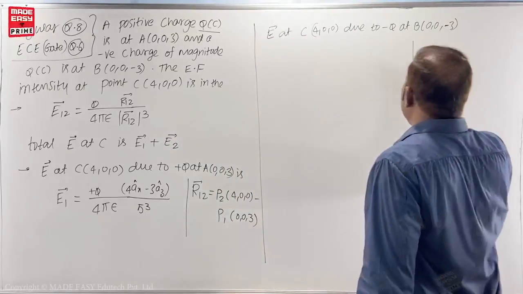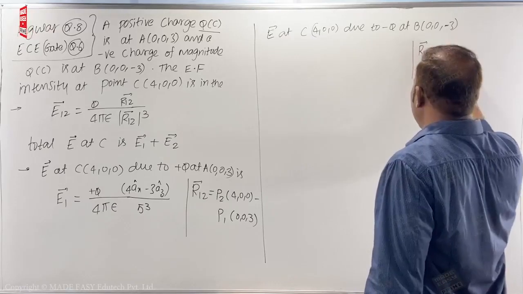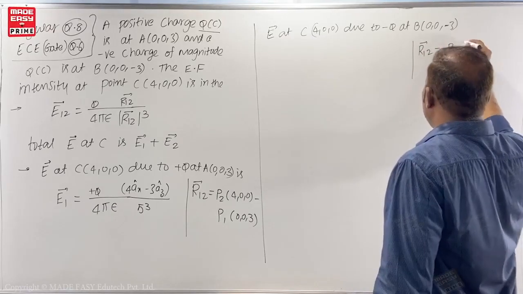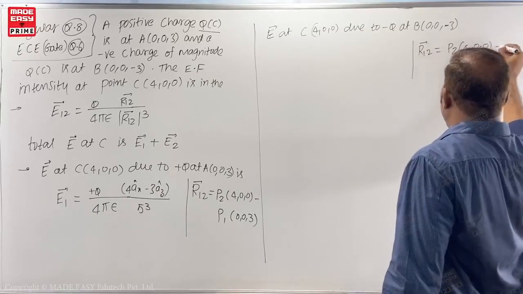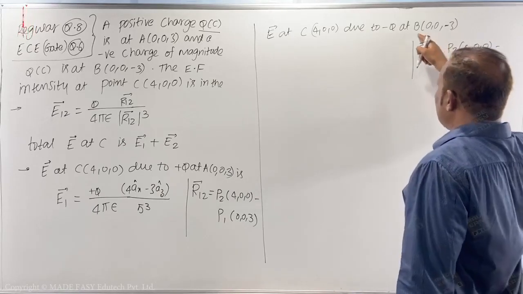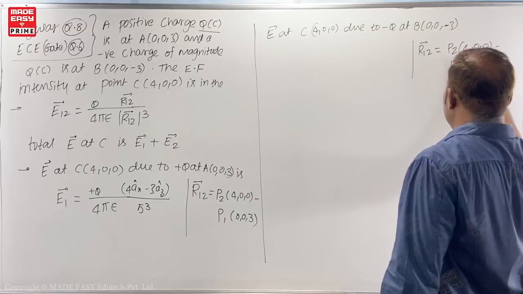Now once again, I am writing R12 bar here: point 2 is the field point we want, minus point 1 is the source point, that is at (0, 0, -3).